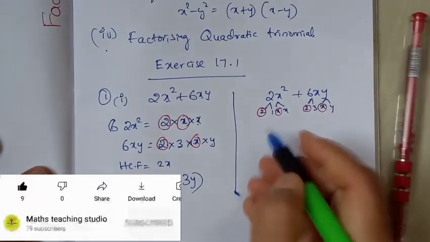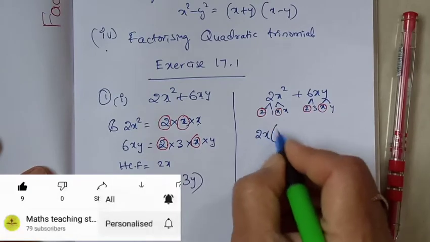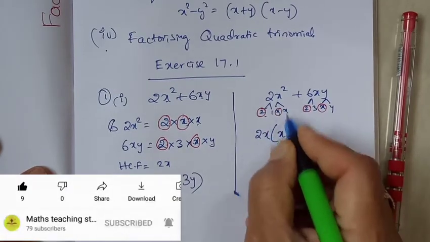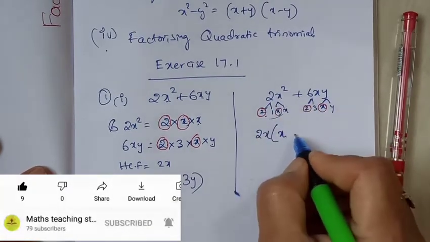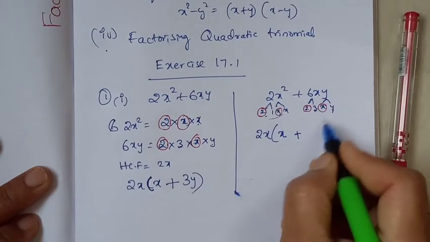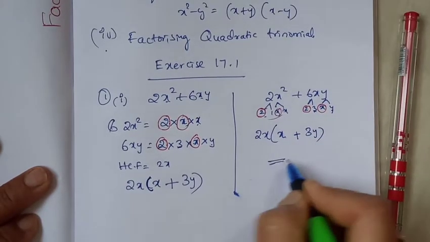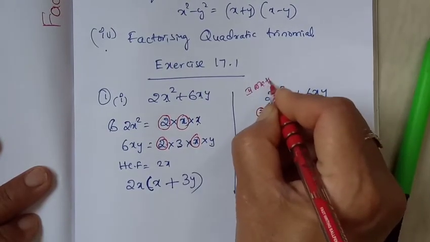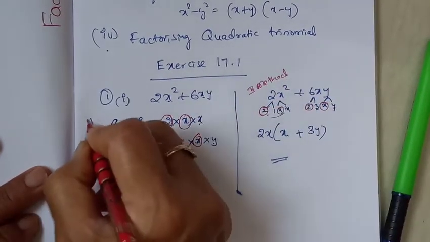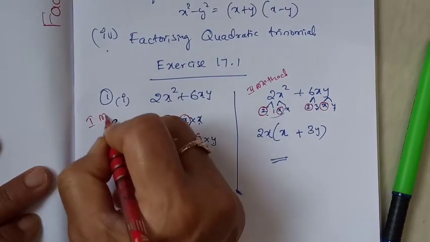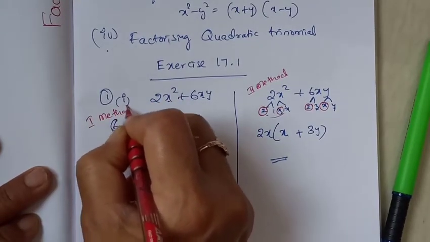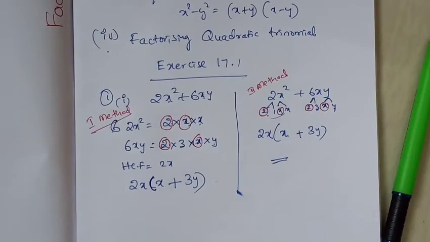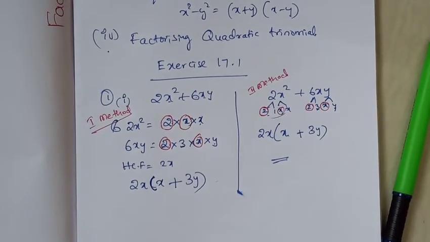The common terms I am just taking out. 2x is out and x is left in this term. Plus, as it is I am writing, the leftover term is 3y. This is second method, and that is first method. Any method you can apply. Our main target is to get the solution. So this is the method of finding factorization.